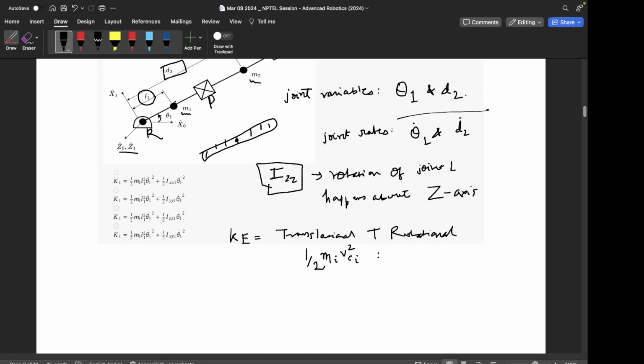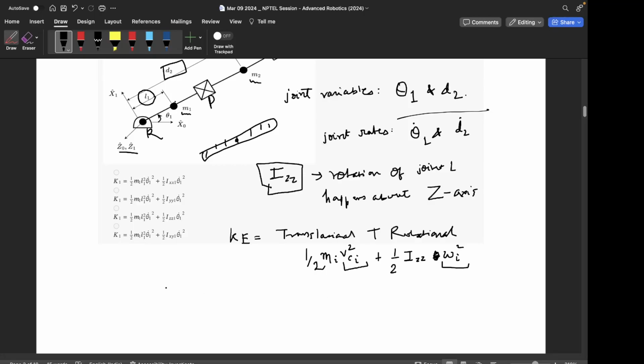Okay, plus half izz, first I will write omega i square. Okay, now we need to get these quantities. Mass and inertia we have, we need to get vci and omega i.